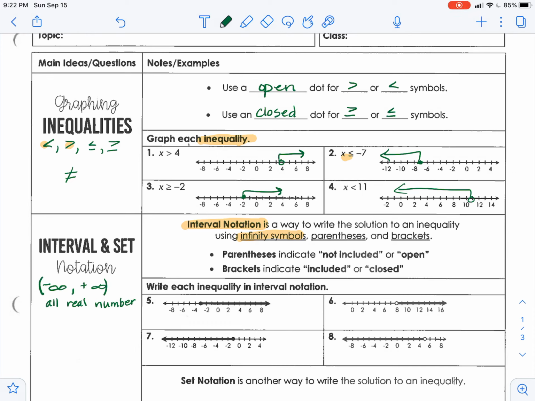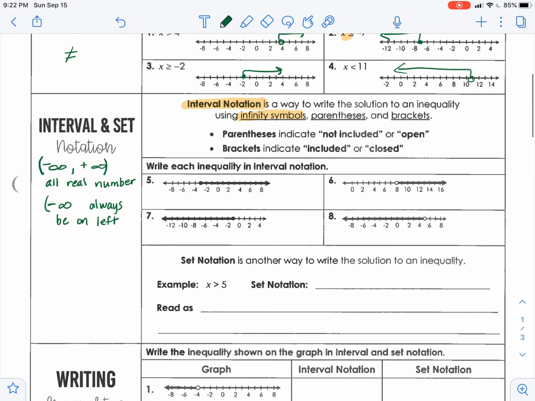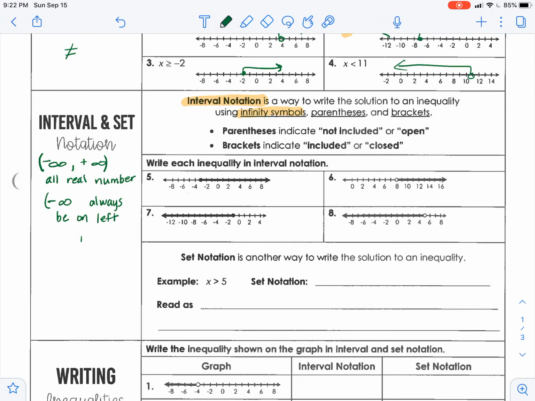The other thing, negative infinity, guys, will always be on the left. And your positive infinity will always be on the right.